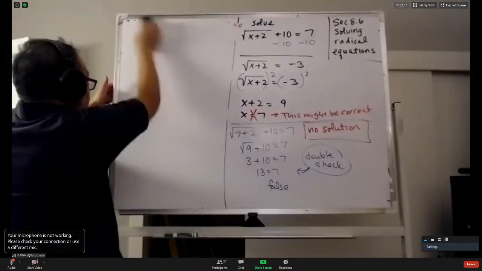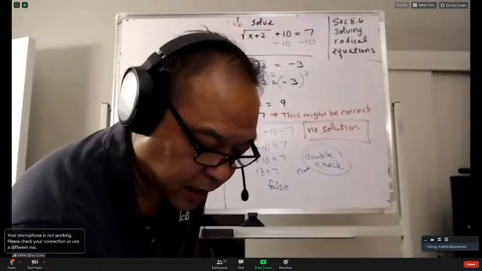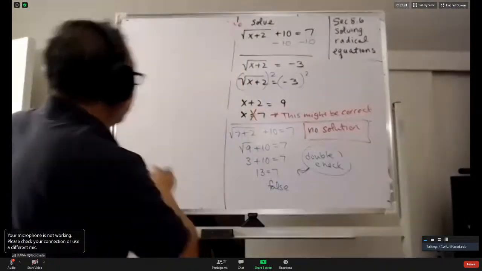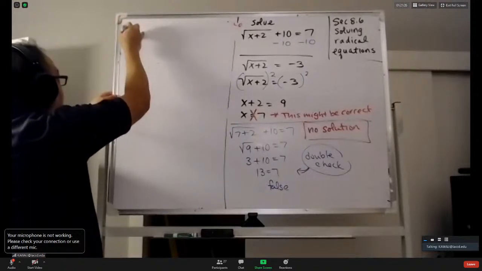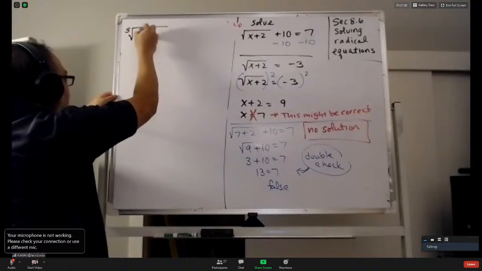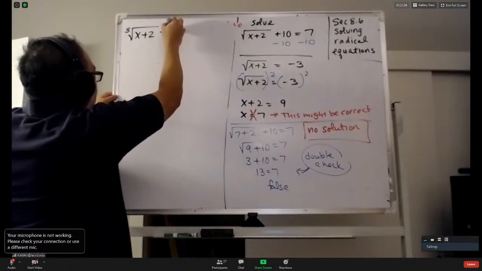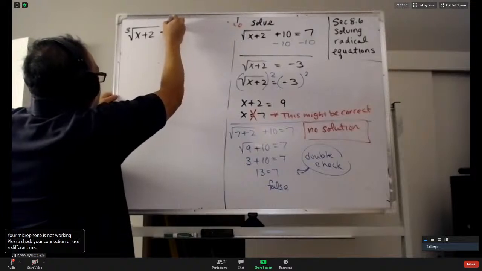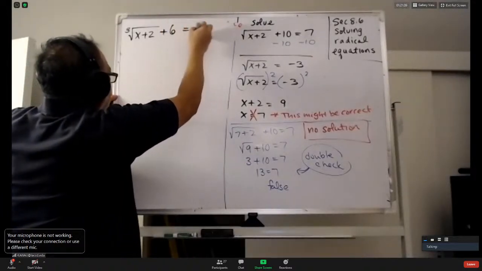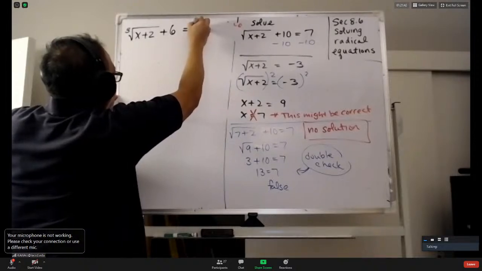So do the same thing, except instead of square rooting, you're going to cube it. So let's say I have something that looks like this. Let's go 6 is equal to 2.